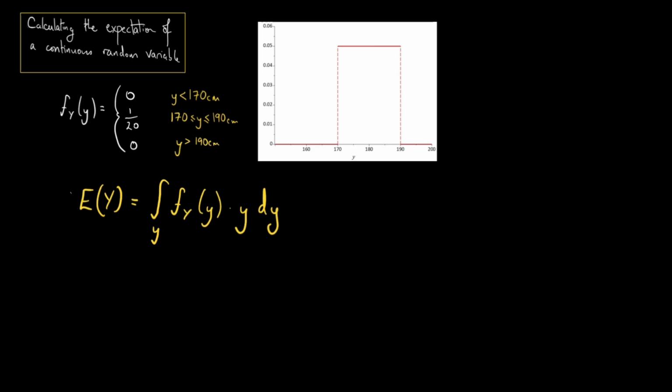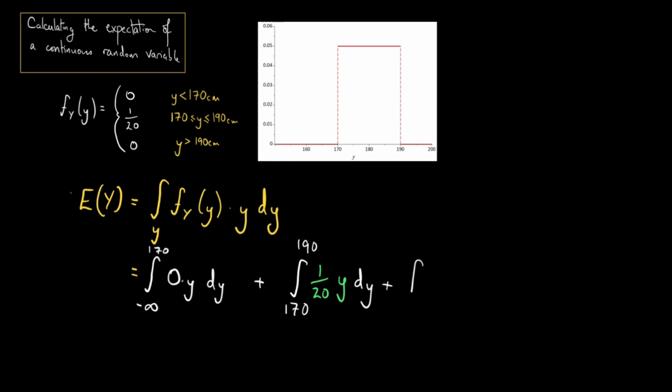So we can write this down as three separate integrals. We can write down the integral between minus infinity and 170 of the probability density function, which is 0, times y dy, plus the integral between 170 and 190 centimeters of the probability density function, which is just equal to 1/20 here. So that's 1/20 times y dy, and then the integral between 190 and infinity of 0 times y dy.